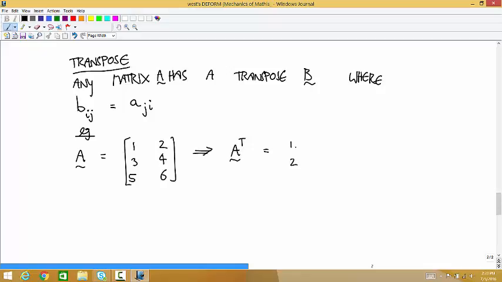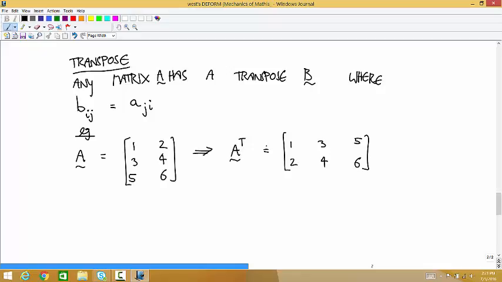So now that's the second column of A transpose. And the third row of A is 5, 6. So A transpose, that's the third column, 5, 6. Now you can check a couple of these to make sure it works. So 3 is A21. For A transpose, 3 is A transpose 1, 2. Okay, you get these values by just switching whether the subscript refers to the row or the column.